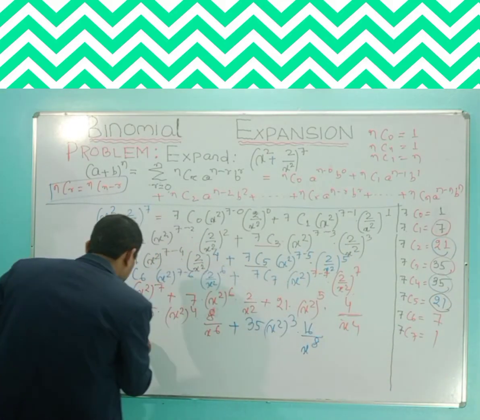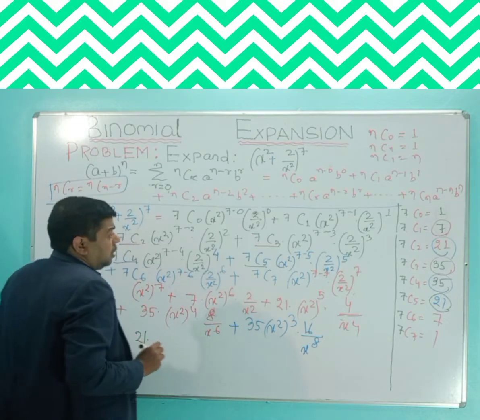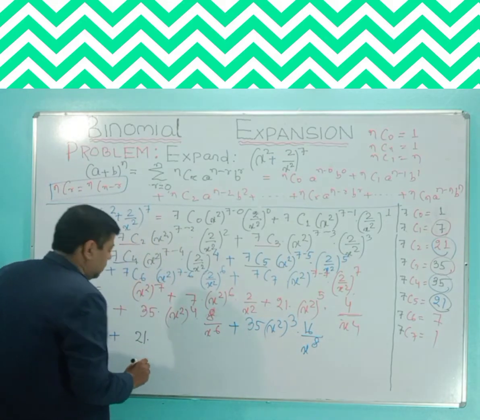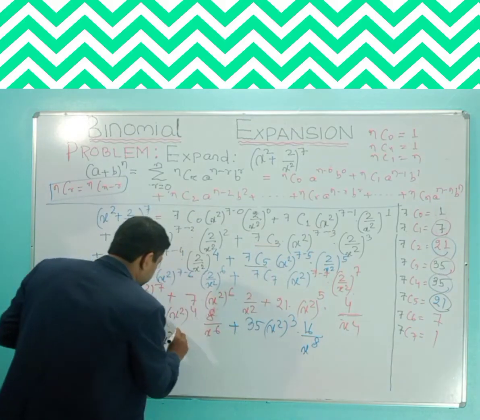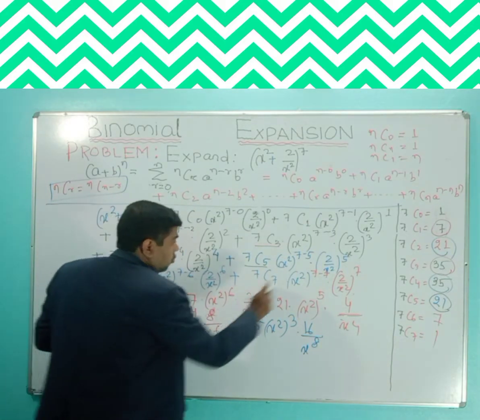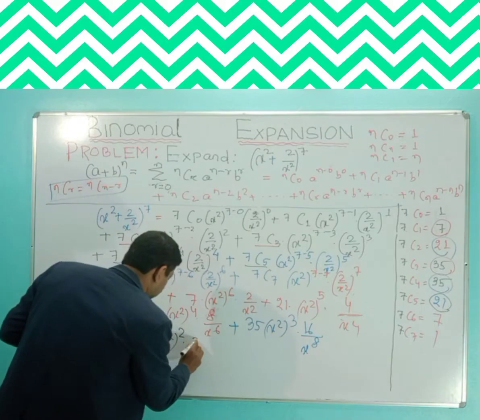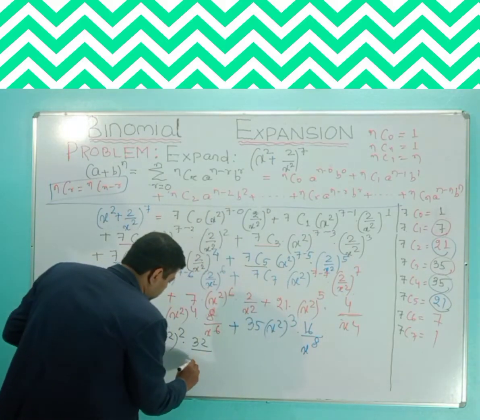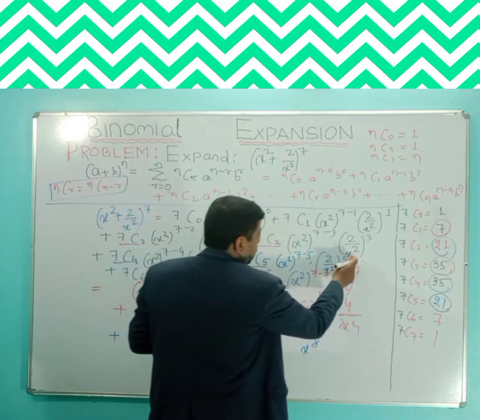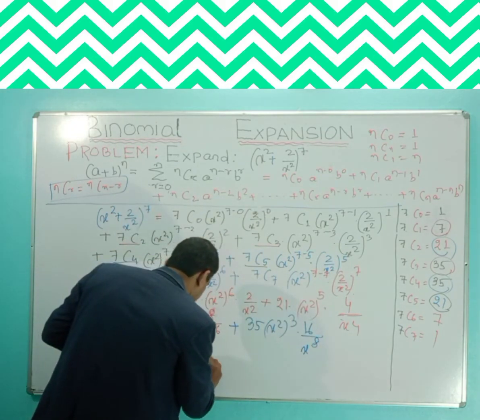So 21 into x squared whole to the power 7 minus 5, which is 2, into 2 to the power 5, which is 32, divided by x squared whole to the power 5, which is x to the power 10.